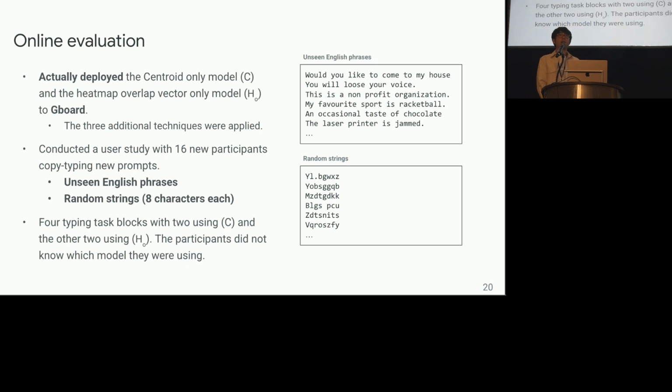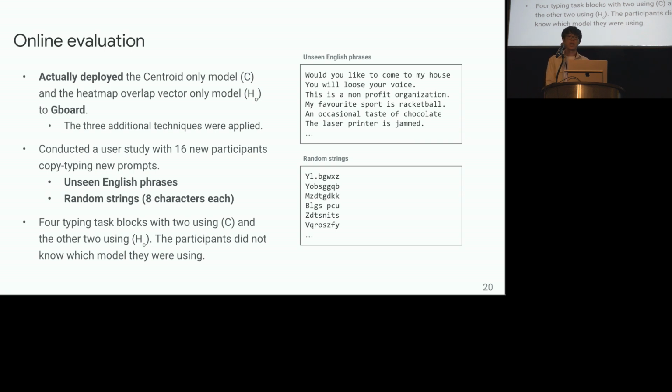We confirm these results by conducting an online interactive evaluation by actually deploying the centroid-only model and the heat map overlap vector models on the Gboard, with the 3 additional techniques to ensure the smooth typing experience. We conducted a user study of 16 participants, asking them to copy type prompts.